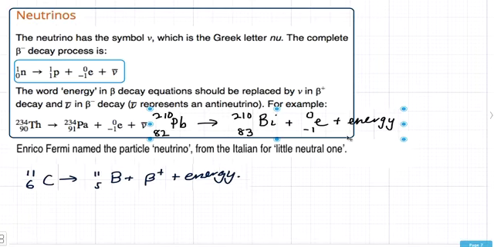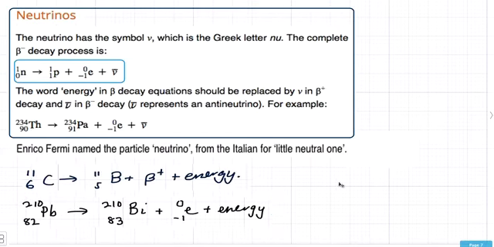So we can write both of these out fully, using all of the notation we understand. We can look at this carbon going to boron with the beta plus particle plus energy.